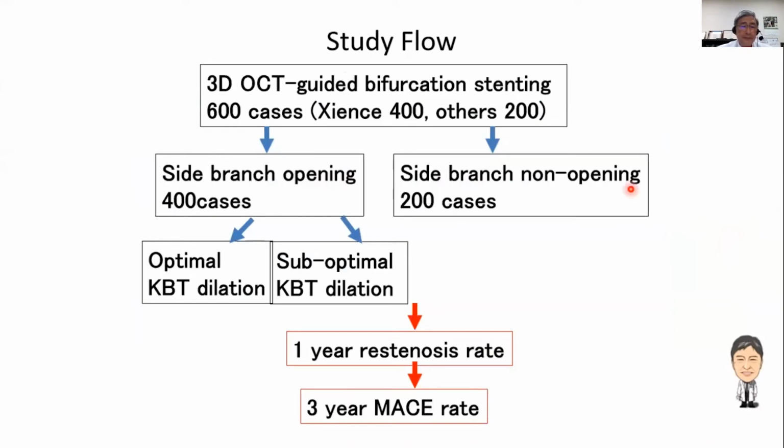The study flow is 3D OCT guided bifurcation stenting, 600 cases, Giant 400, and other stents 200. And we compare 3 groups: side branch opening with optimal KVT dilation, side branch opening with suboptimal KVT dilation, and the other group, stent side branch non-opening. We compare these groups for 1-year restenosis rate and 3-year MACE rate.